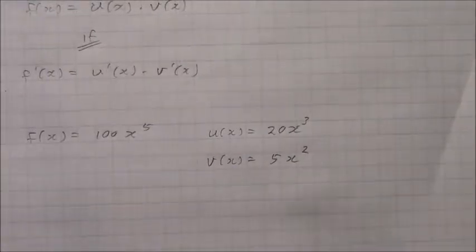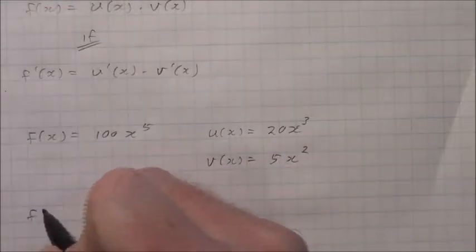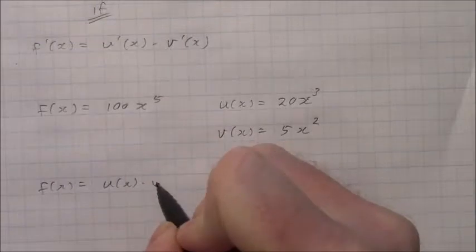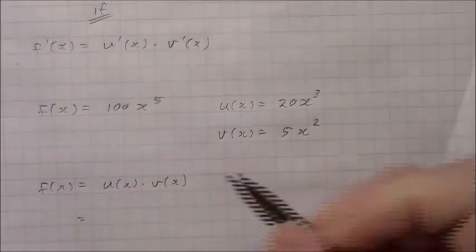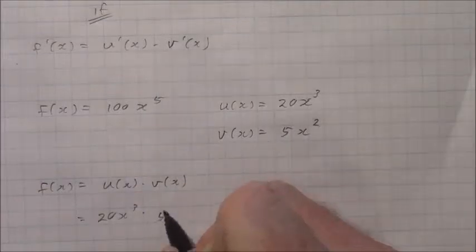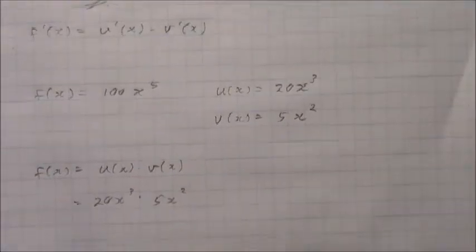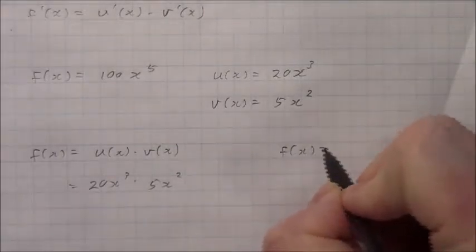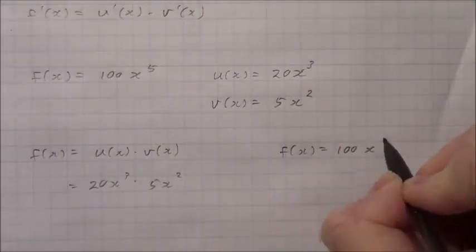So f of x is u of x multiplied by v of x, which is 20x cubed times 5x squared, and over here I'll have f of x equal to 100x to the power of 5.